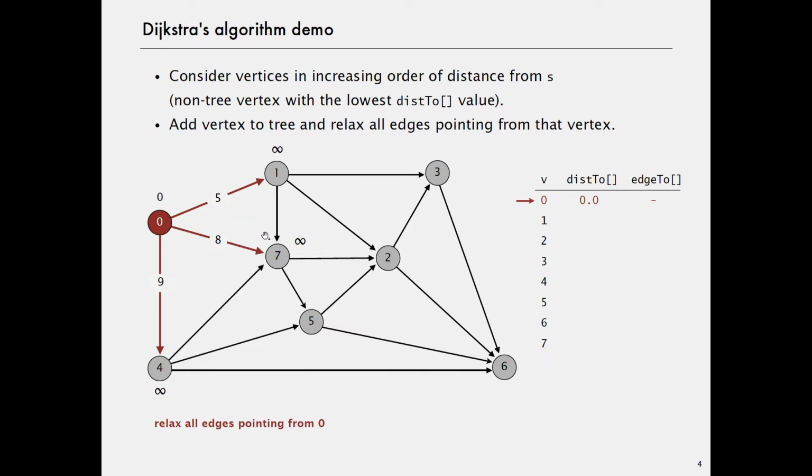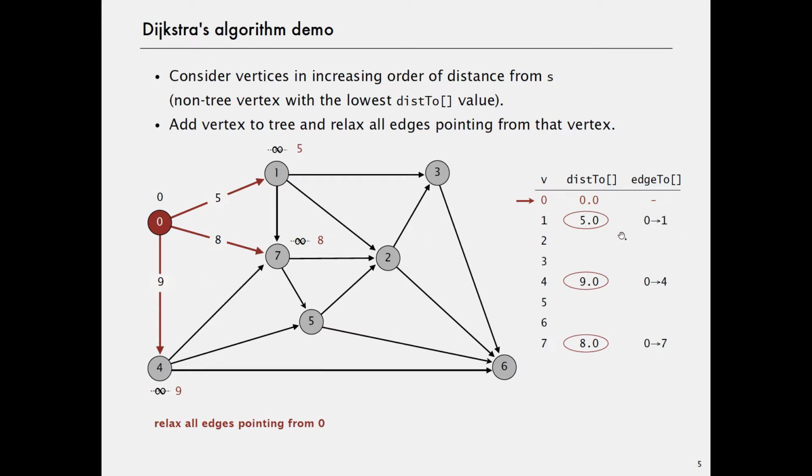Same here, the distance to 7, we have a candidate with 8. That's better than infinity. So we say the distance to 7 is 8, and the distance to 4, that is 9. 0 plus 9. And that's what we update. That's one step. That's the result of the relaxation.